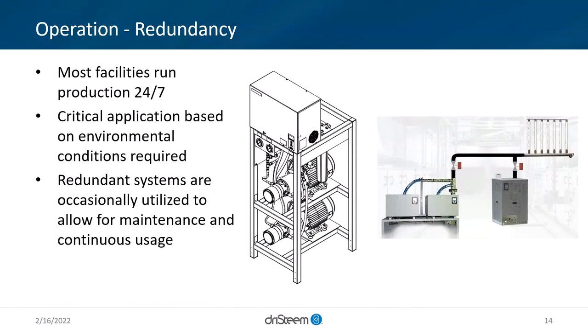So, operation around redundancy. Again, most facilities run production around 24/7 operation, and their applications are critical based on the environmental conditions required. So what do we do to help those kinds of customers maintain a high level of quality and set point around RH?